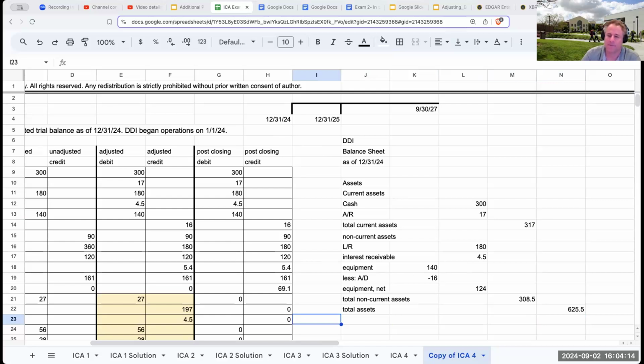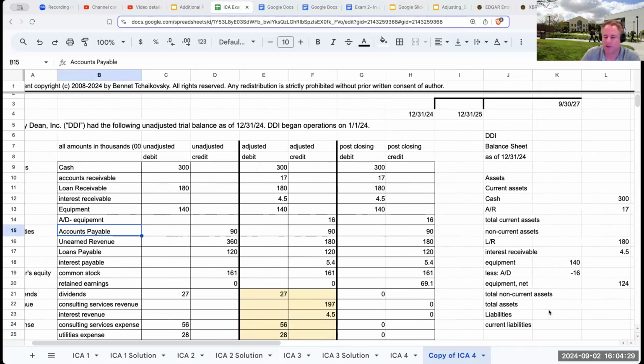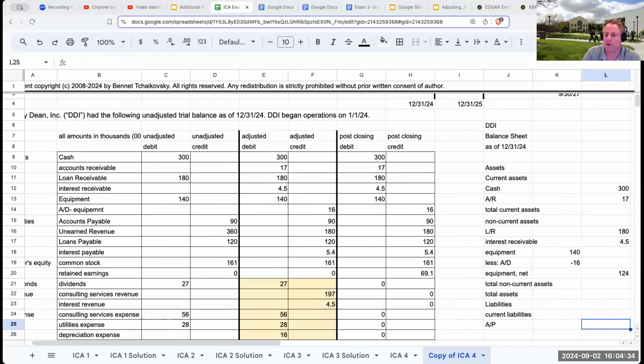Let's keep going. So my liabilities. I have current liabilities. By definition, accounts payable is going to be current, so my accounts payable at 90 will be a current liability.